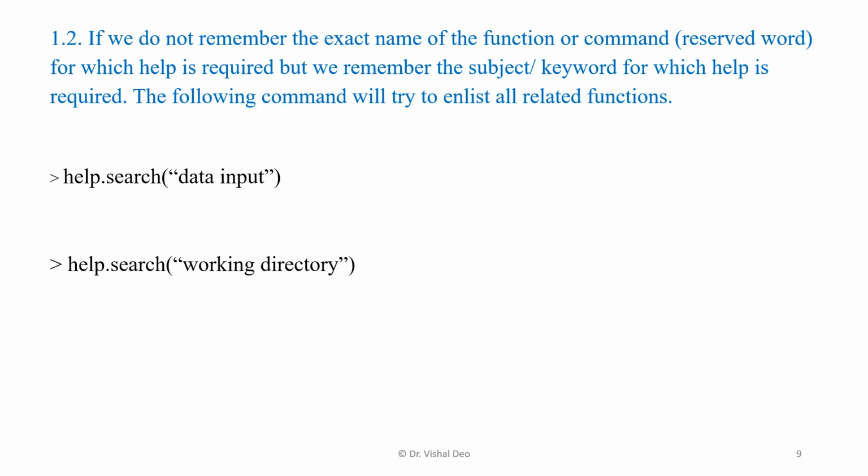So these are the keywords which you can use for searching such functions. You can use help.search and write the keywords inside double quotes, and it will search for the closest functions related to these keywords. So that you can do.